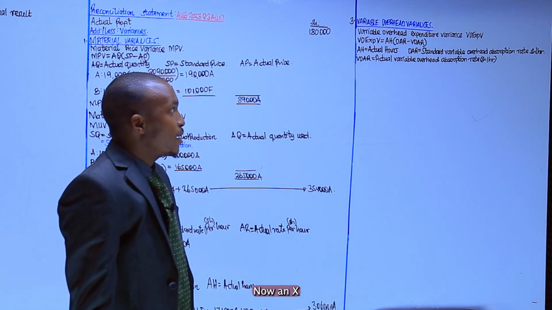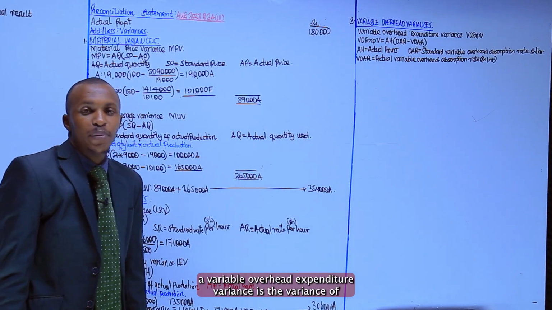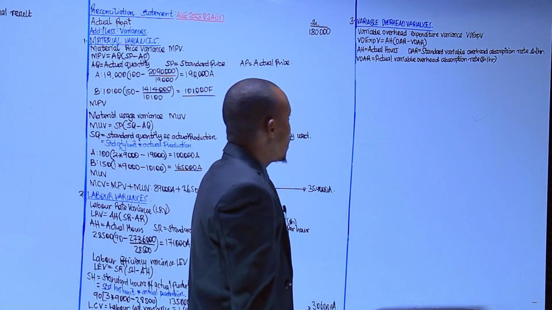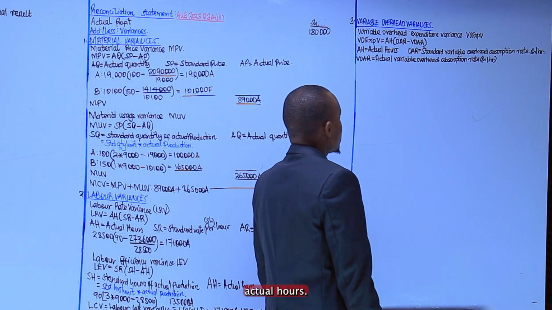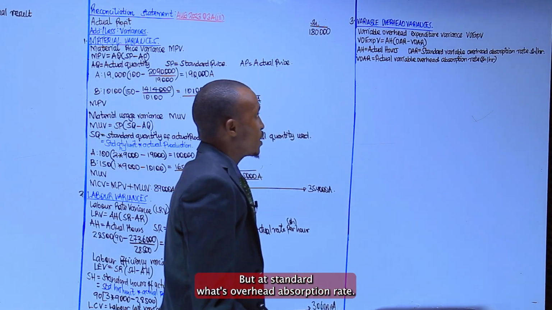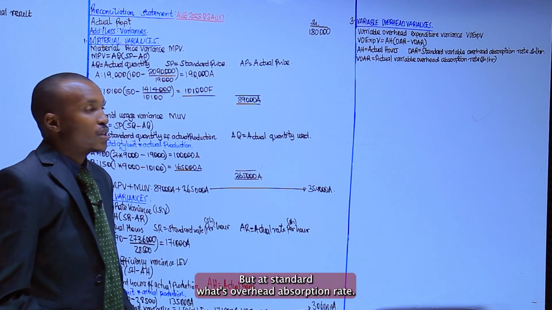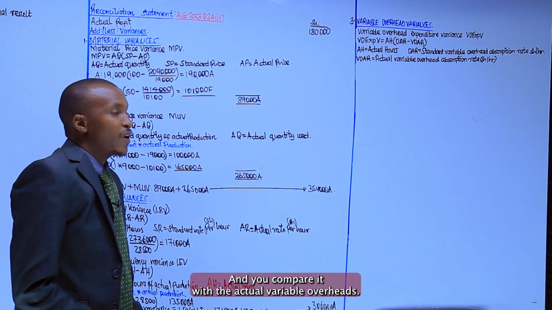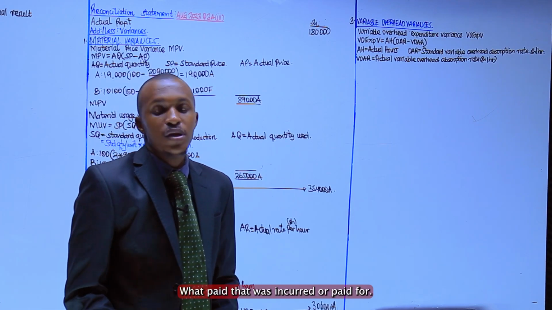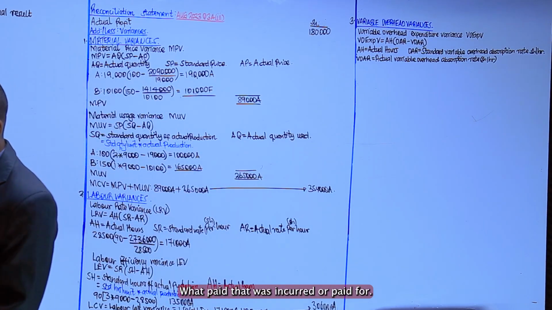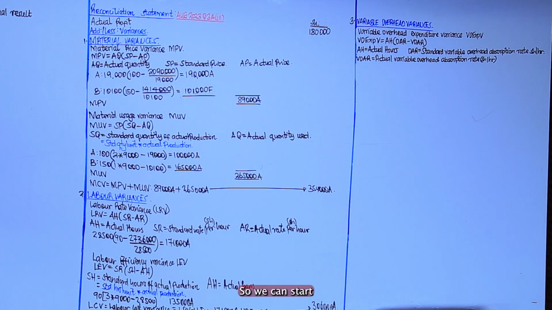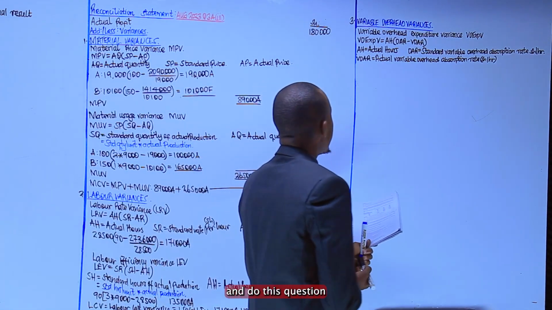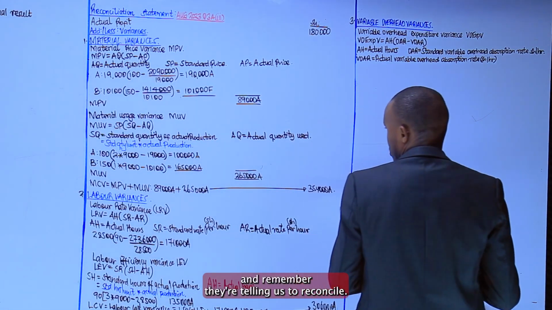Now, a variable overhead expenditure variance is a variance of actual hours but at standard overhead absorption rate, and you compare it with the actual variable overheads that were incurred or paid for. So we can start and do this question. Remember, they are telling us to reconcile.